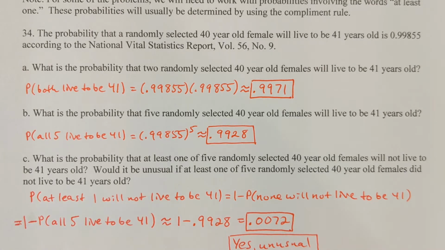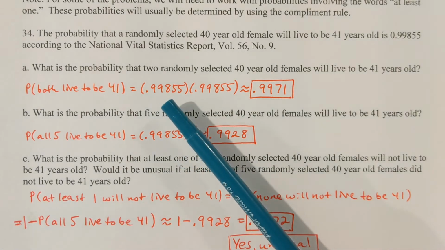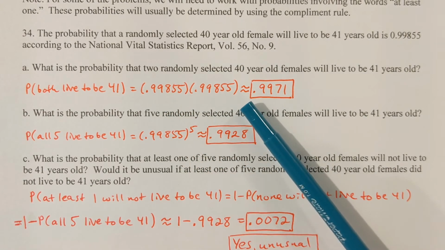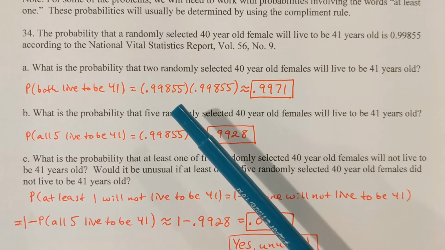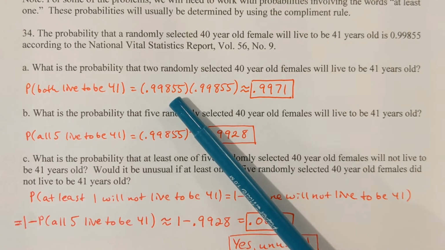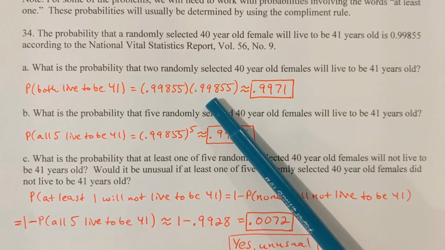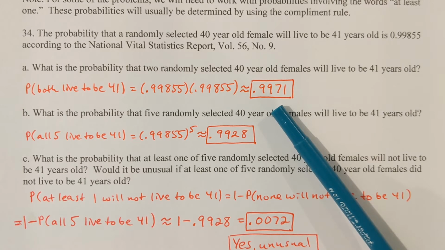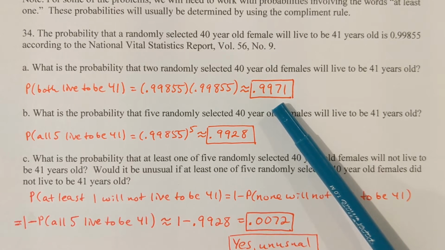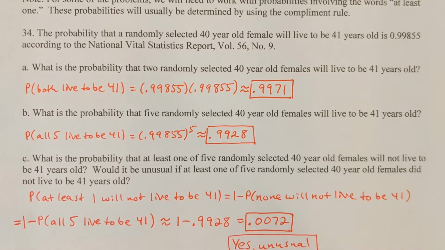What that means to us here is that the probability is not going to change from person to person. So there's a 0.99855 probability that one female lives to be 41. We need two females to live to be 41, so I would just simply multiply by that same number again, and I get roughly 0.9971. So there's roughly about a 99.71% chance that both would live to be 41.